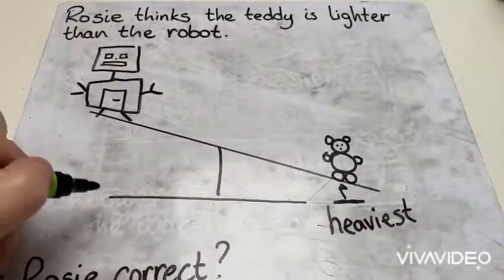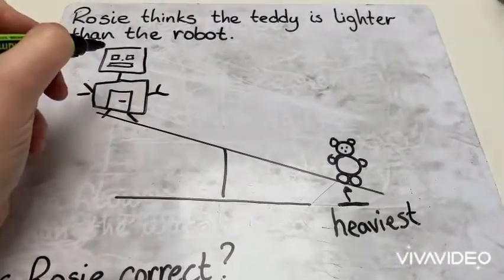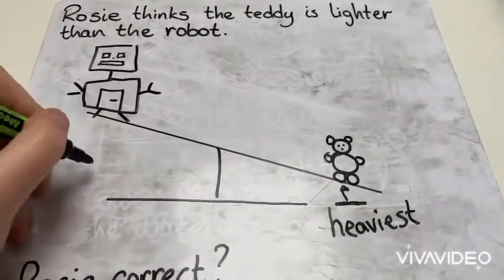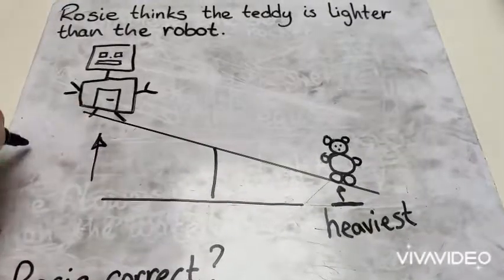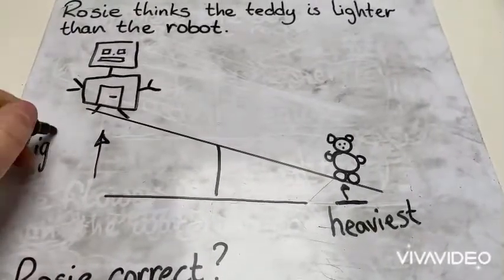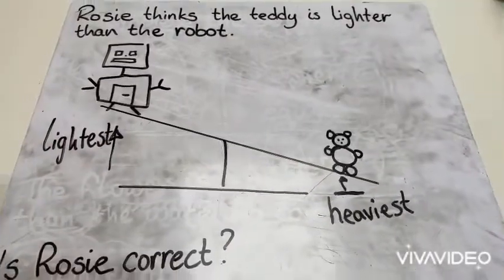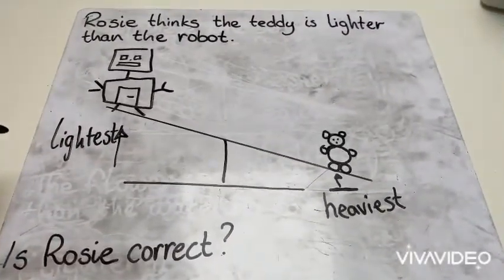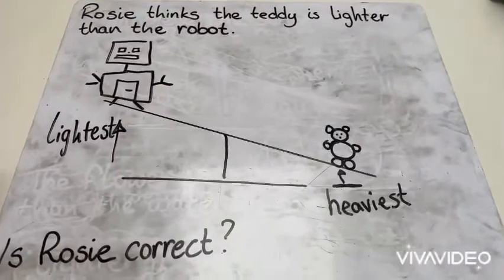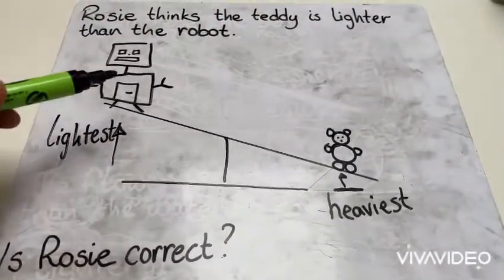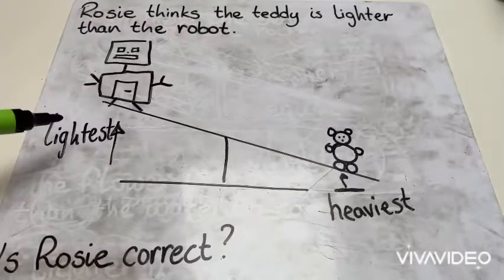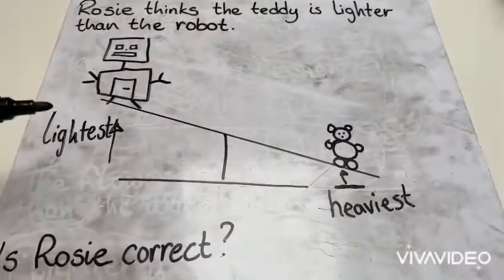Whereas my robot is quite close to the sky. And that means that he is the lightest. So is Rosie correct? No, Rosie's not correct, because the robot is lighter than the teddy.